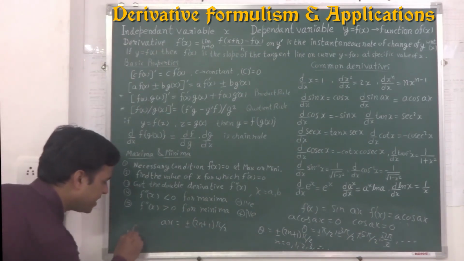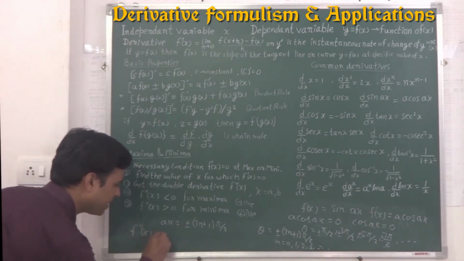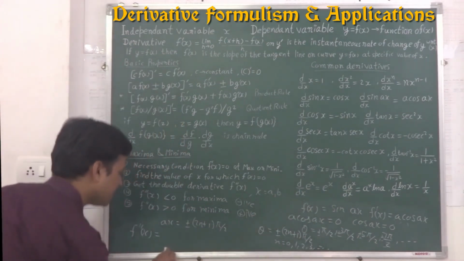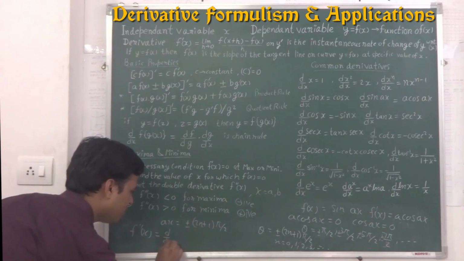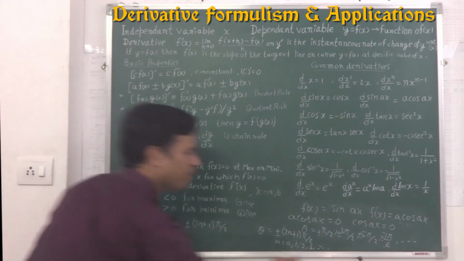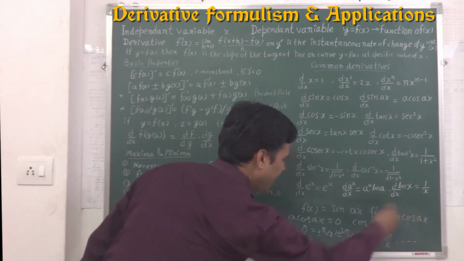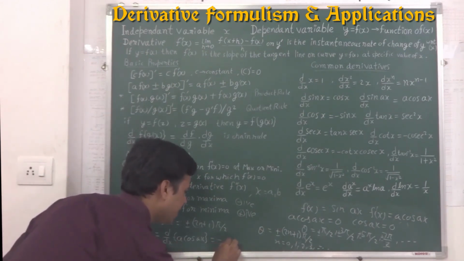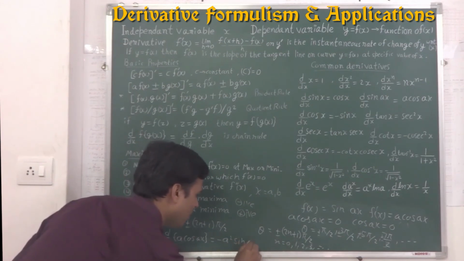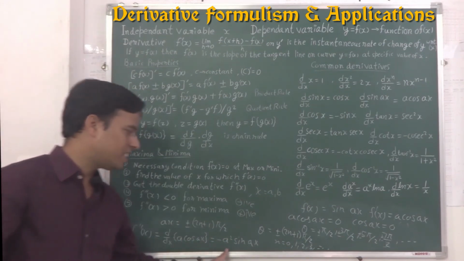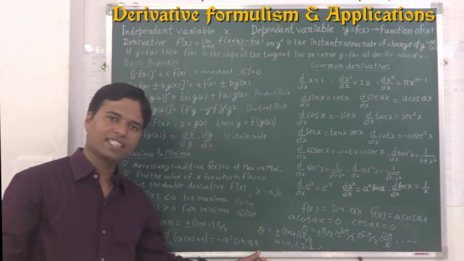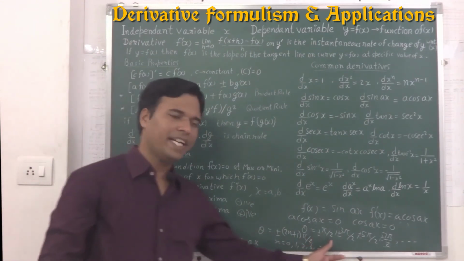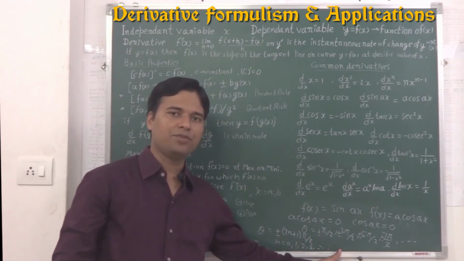The second derivative of f x, which is sine of ax, is equal to d upon dx of the first derivative, a cos ax. It is equal to, now with minus sign, a square sine of ax. This quantity sine of ax will have different values, positive for pi by 2 and negative for minus pi by 2.